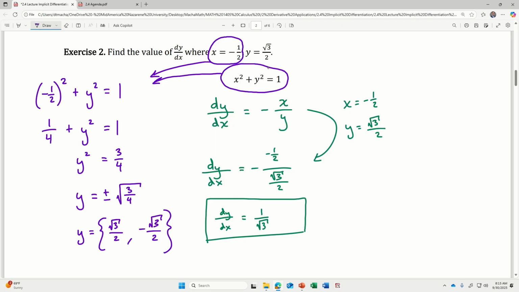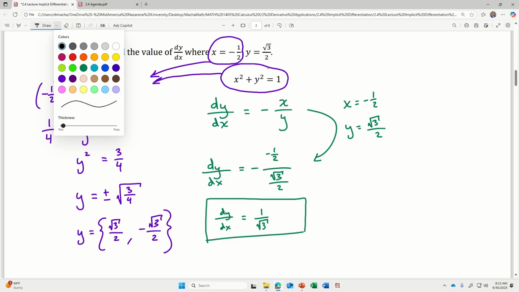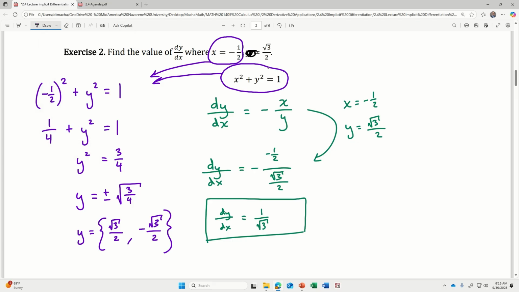But if I only give you the x value, then it would be up to you to find the y value using the original equation, and then plugging it in and finding the derivative there.